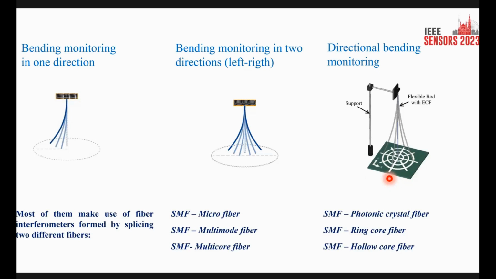And then most of these bending monitoring has been done with fiber interferometers, and normally these are formed with splicing two different fibers, a single mode fiber normally, with some other fiber which could be microfiber, multimode fiber, multi-core fiber, photonic crystal fiber, ring cone fiber, and hollow core fiber, etc. So many ways of doing this.